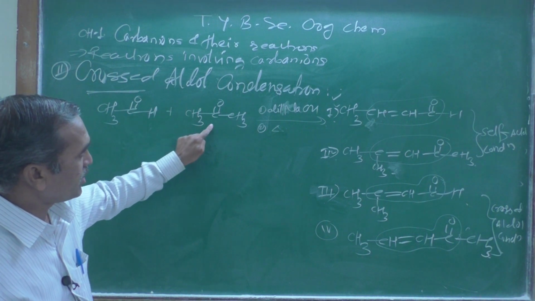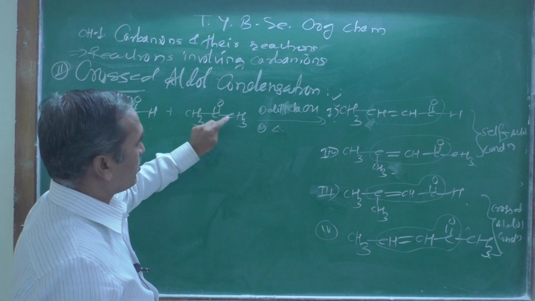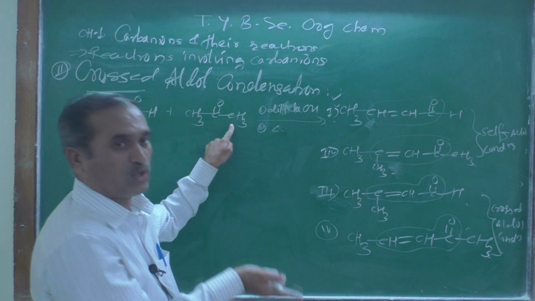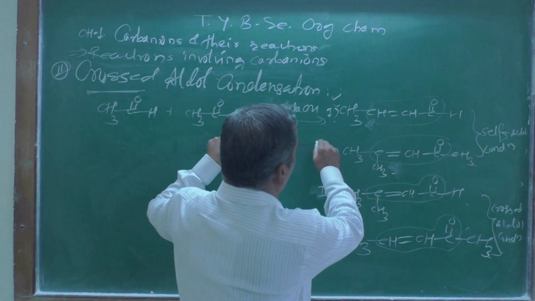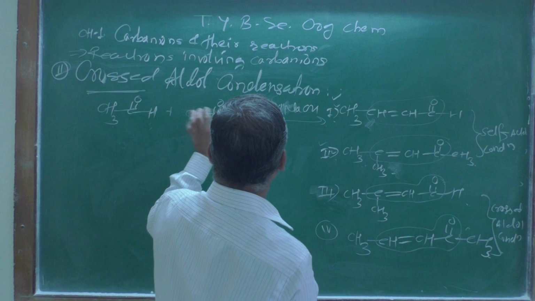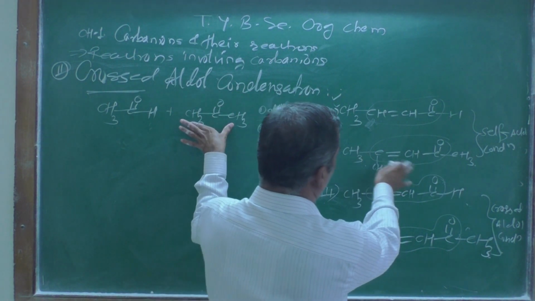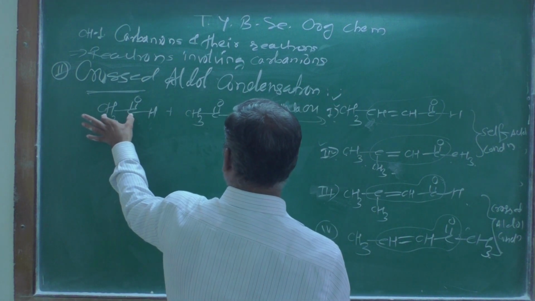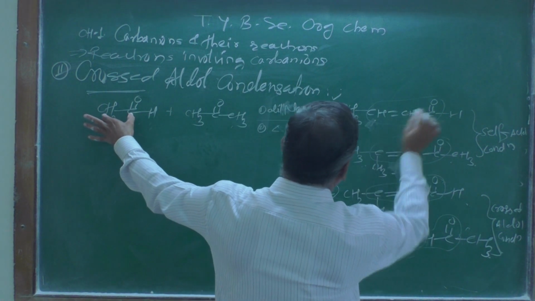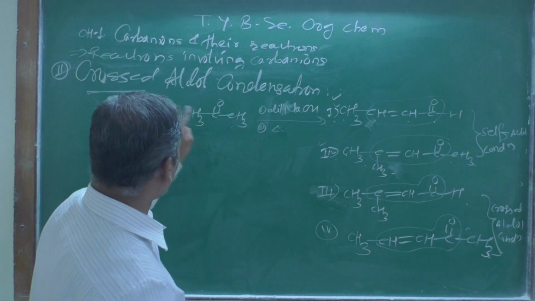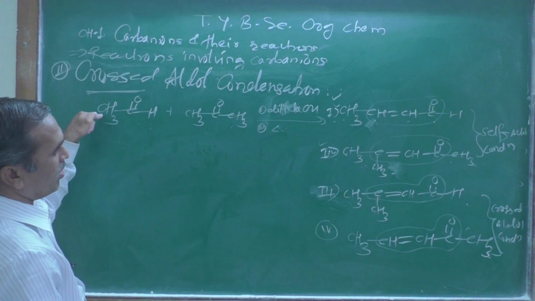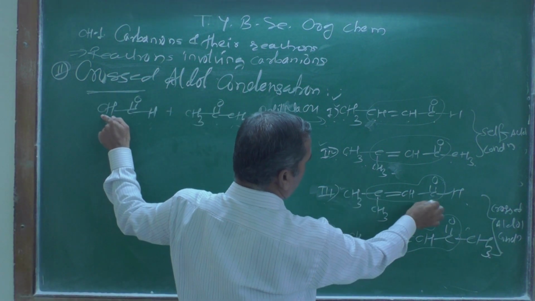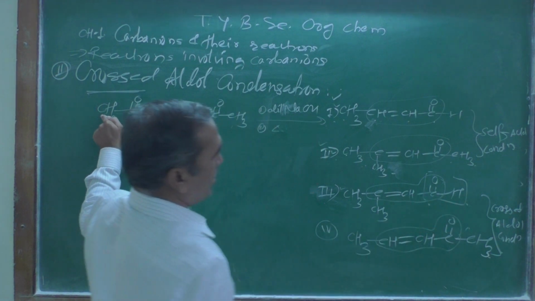And now when acetone reacts, a carbanion is formed on acetone, and again that carbanion attacks another molecule of acetone, and the resulting product will be obtained as this one. Look here, a total of 6 carbon atoms, 1 2 3 4 5 and 6. In this case, two molecules of 4 are there, 1 2 3 and 4. Now when the carbanion forms on this and attacks this, then you are going to get this acetaldehyde group.